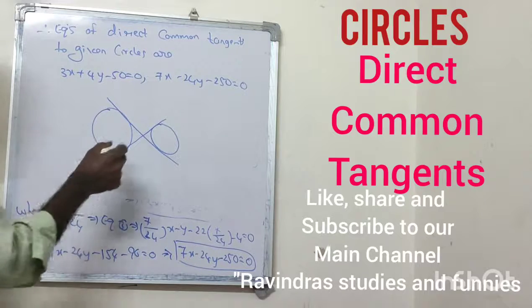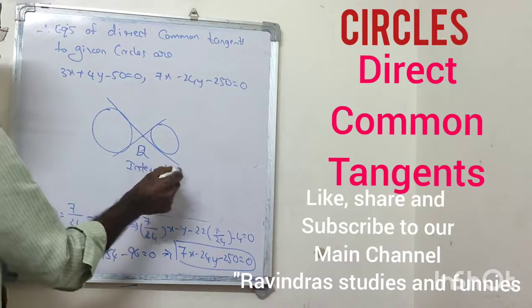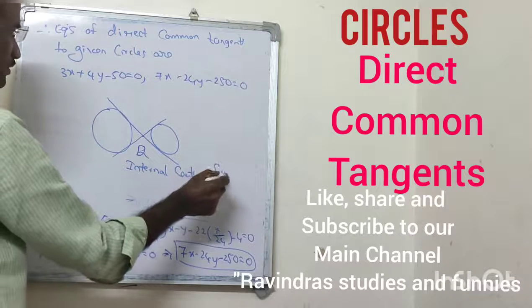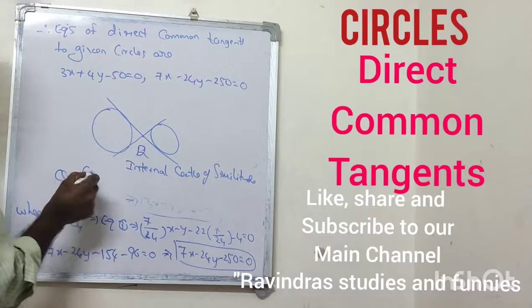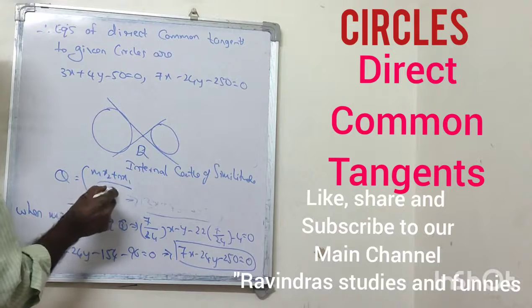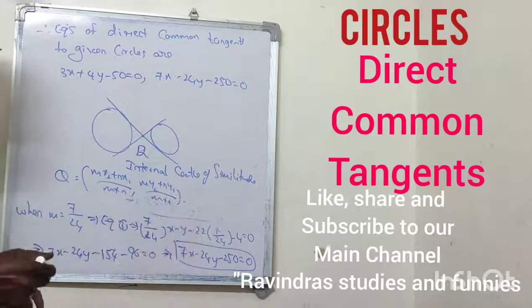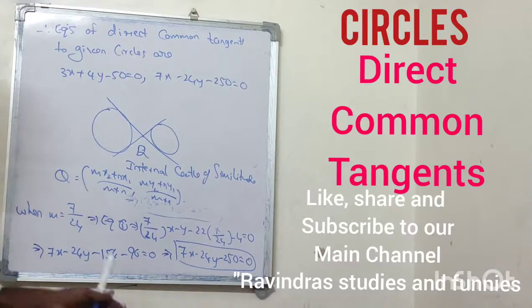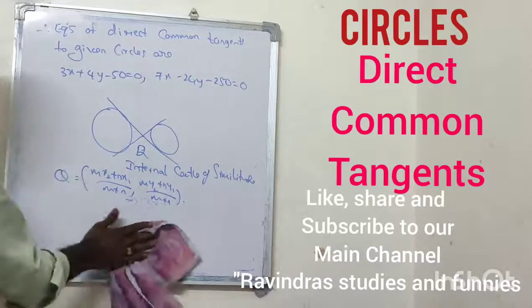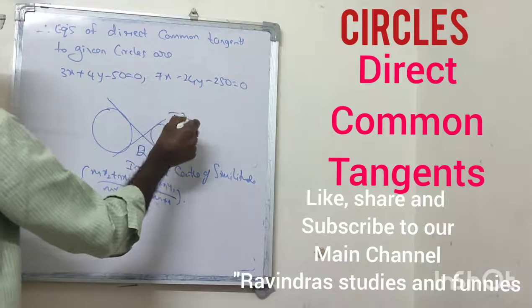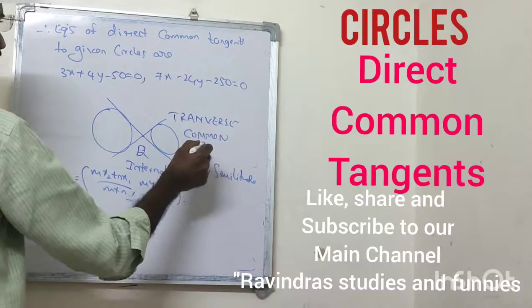So these are transverse common tangents, and this point Q is called the internal center of similitude, and for this you should apply the formula (mx2 plus nx1) by (m plus n), (my2 plus ny1) by (m plus n), where m:n is r1:r2, (x1,y1) is c1, (x2,y2) is c2, and proceed in the same way. Only the difference is finding the internal center of similitude to find these transverse common tangents.